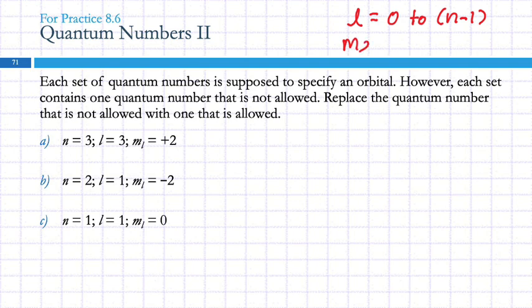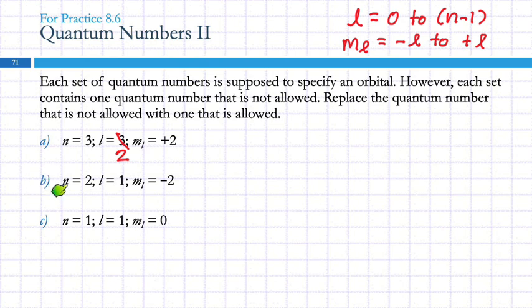And m sub L can be negative L up to positive L. So if n is 3, can L be 3? No. What's the most it could be? 2. So if it's 2, then our m sub L of plus 2 would work. If we picked 1 here for L, or 0, then this one would be wrong.